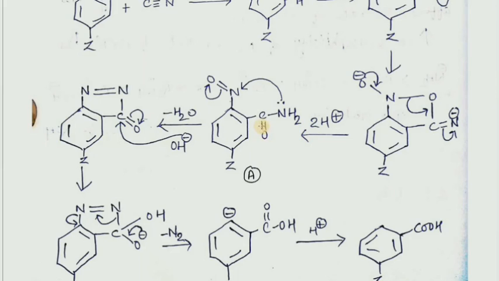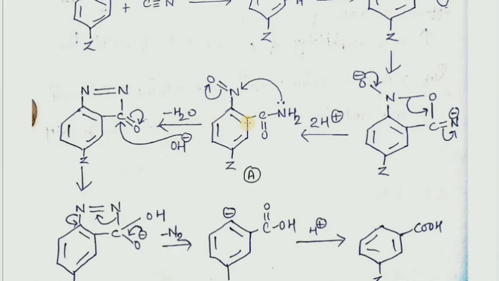So in the next step, this nitrogen of the amide attacks the nitrogen of the nitroso group, and a bond between two nitrogens is formed. This step is an important step of this mechanism. When we discuss the evidences in support of this mechanism, we will also consider the formation of nitrogen as a strong evidence in support of this mechanism.